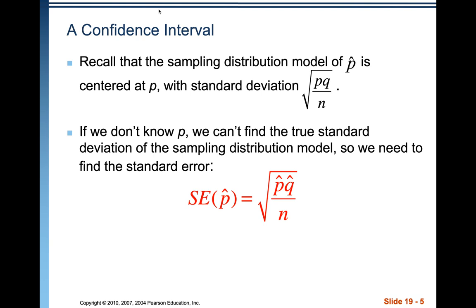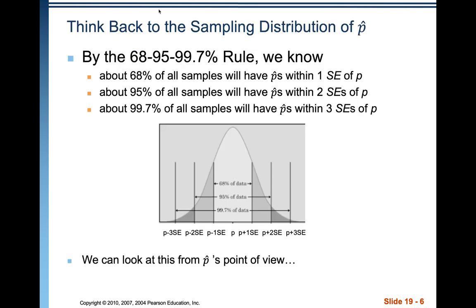Recall that the sampling distribution model of p hat is centered at p with standard deviation the square root of p times q over n. If we don't know p, we can't find the true standard deviation of the sampling distribution model, so we're going to use that standard error. Let's look at the 68, 95, 99.7 rule.